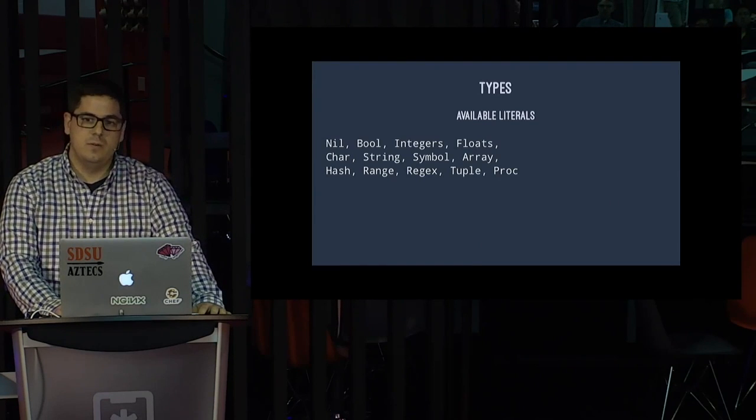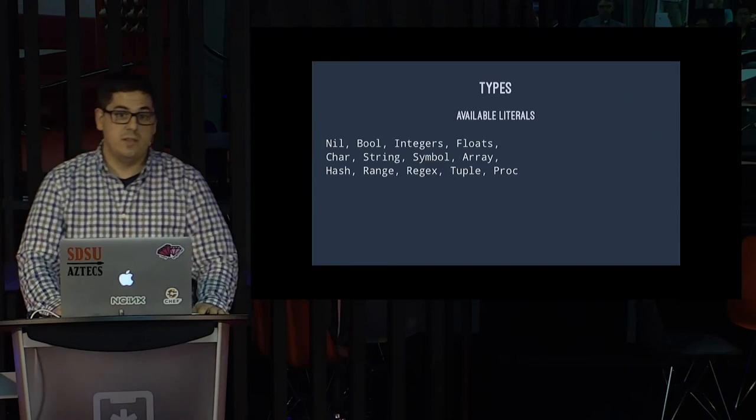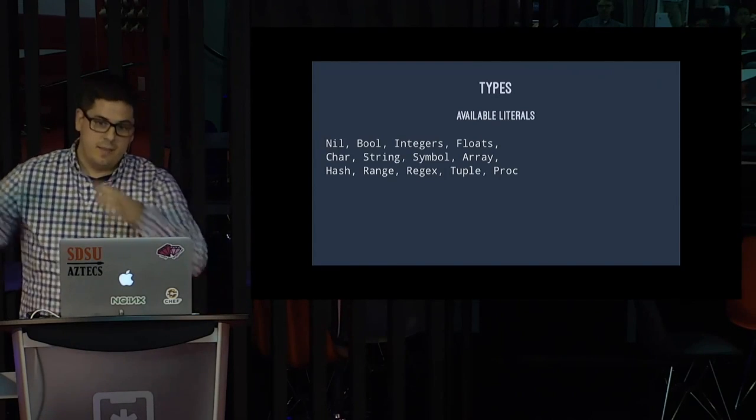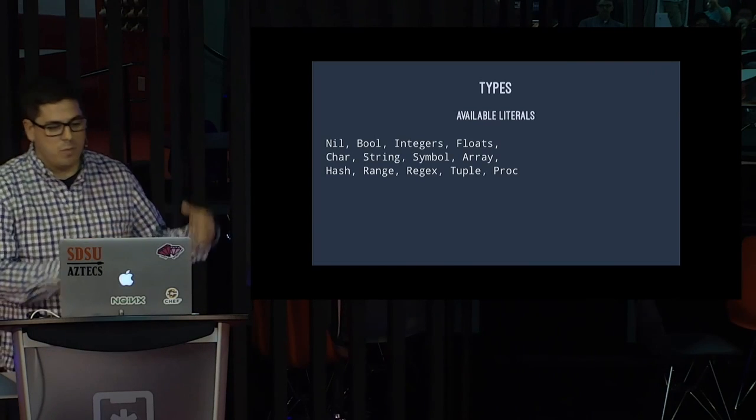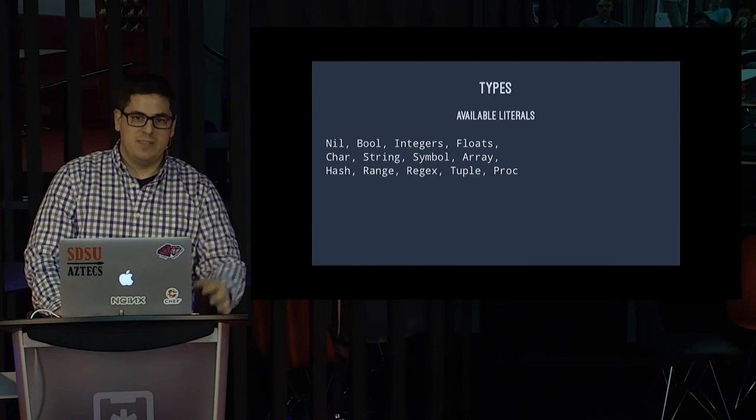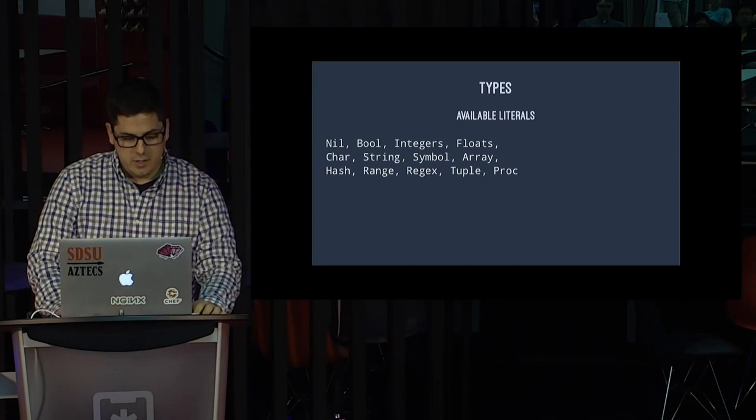You don't have to specify everything if you don't want to. That's how you can take a Ruby script and compile it with Crystal, usually with minor changes, because it's able to do that type inference for you.